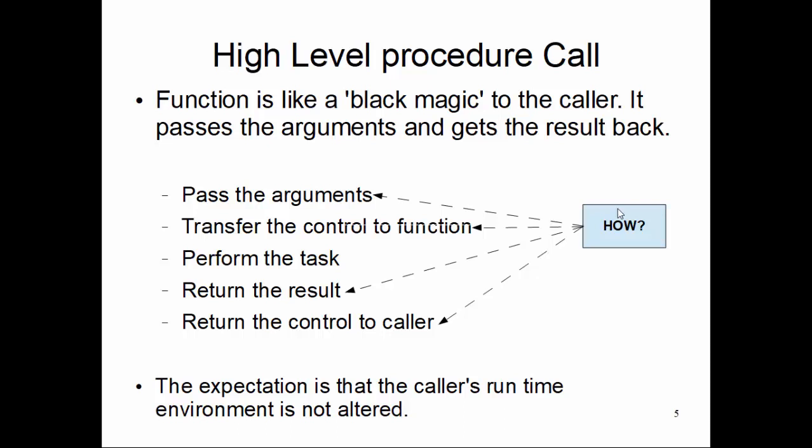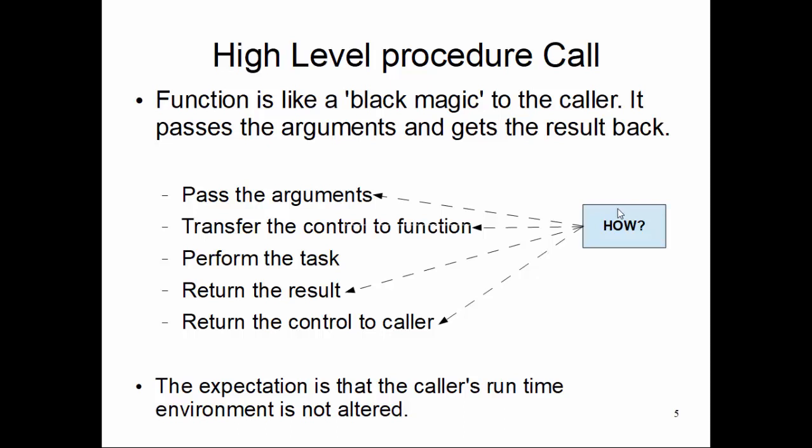So this is kind of given to us in a high level program. In the low level, however, we need to actually do this ourselves. There is no construct in low level assembly programming that you can type as a function and call it the way you do in a high level language.